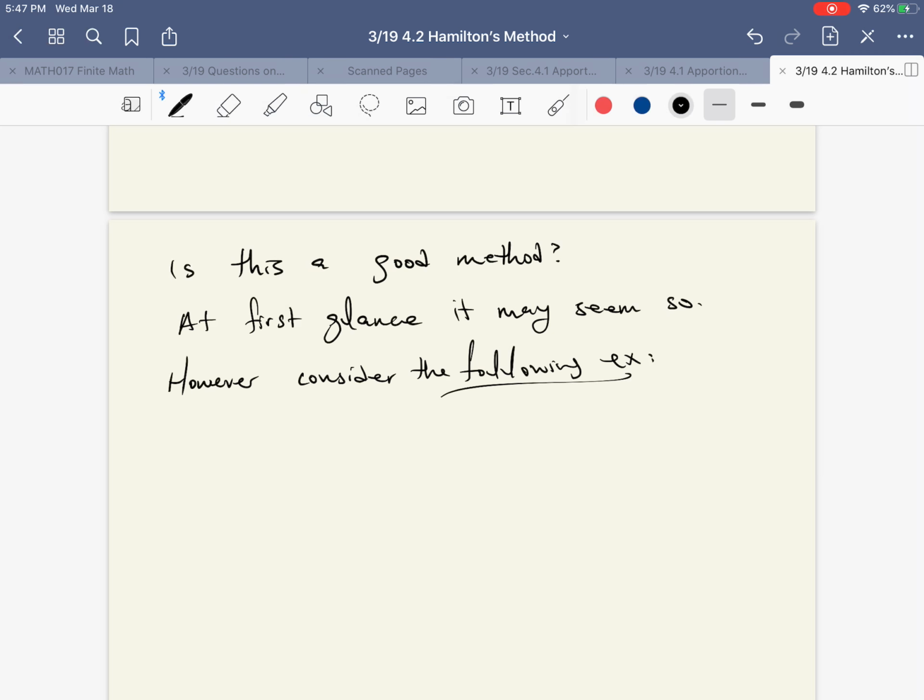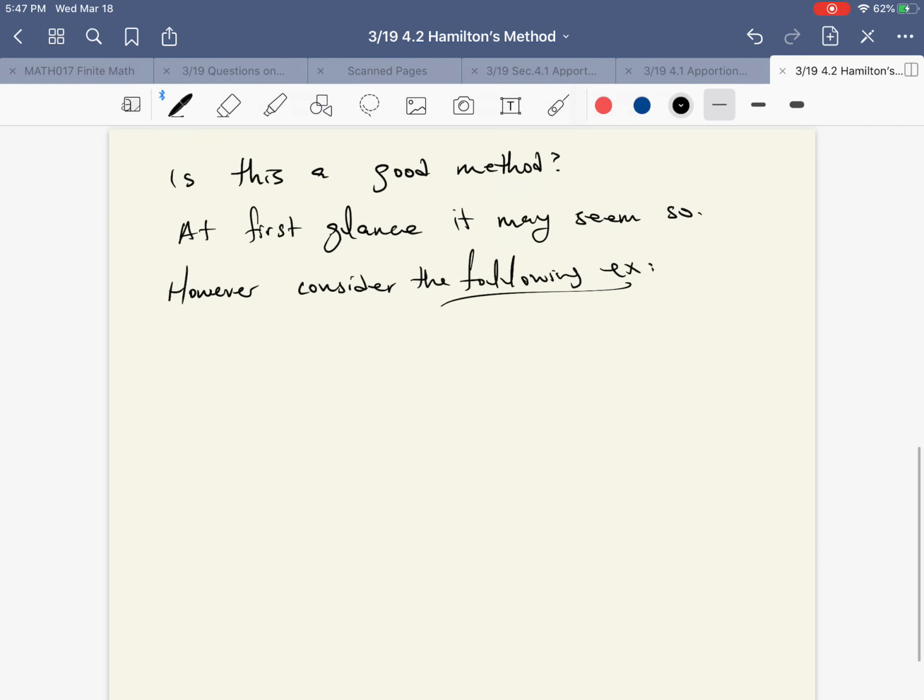Yes, it's just a simplified version of what happened in Alabama. This is a simplified version of the Alabama paradox.